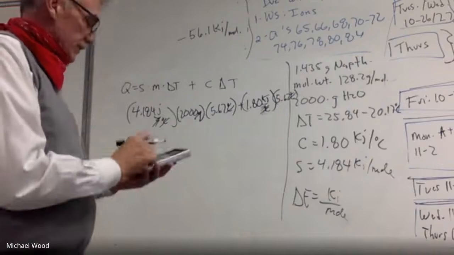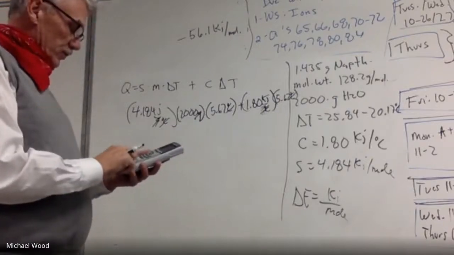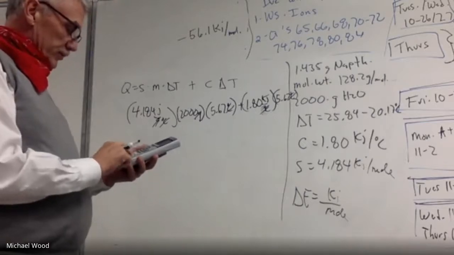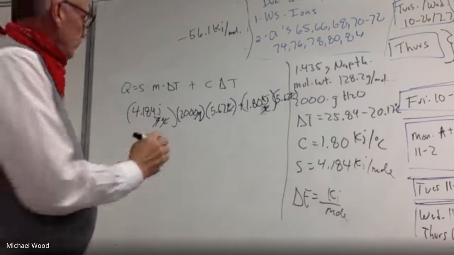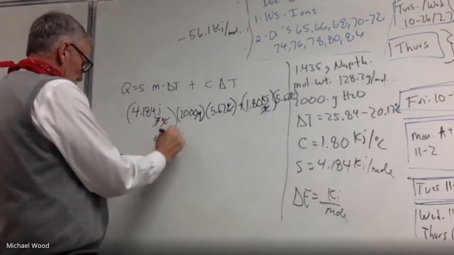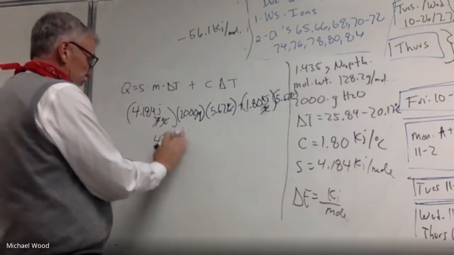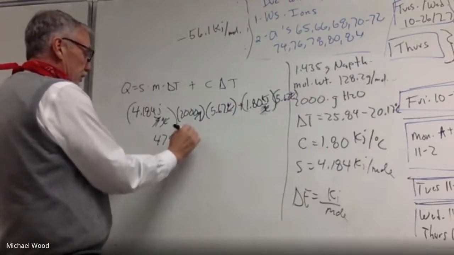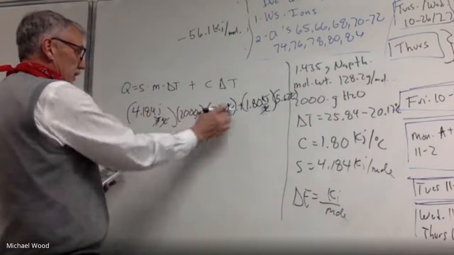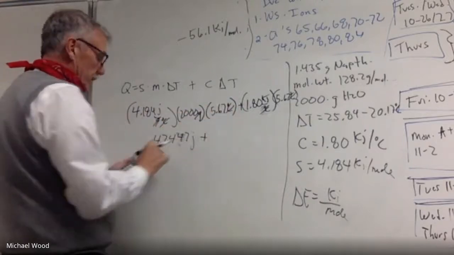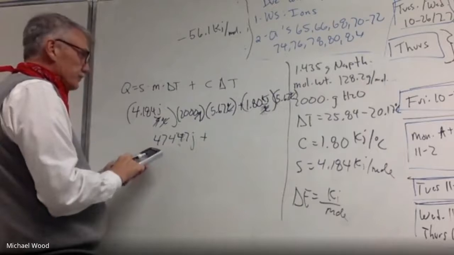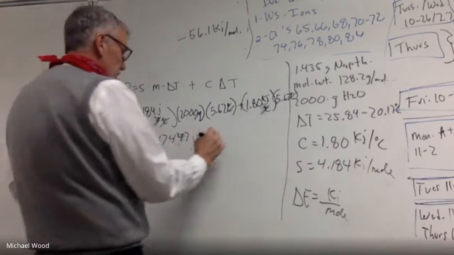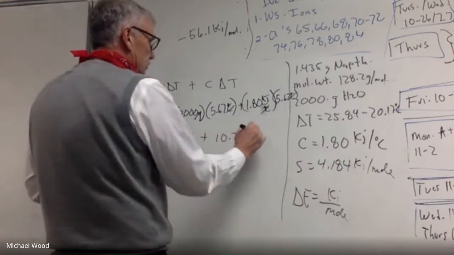If I do the math, 4.184 times 2,000 times 5.67 gives me 47,447. We'll come back and do sig figs at the end. The unit on this is joules because grams and degrees Celsius canceled out. Now here, I've got 1.8 times 5.67, which is 10.206, but this would be kilojoules.